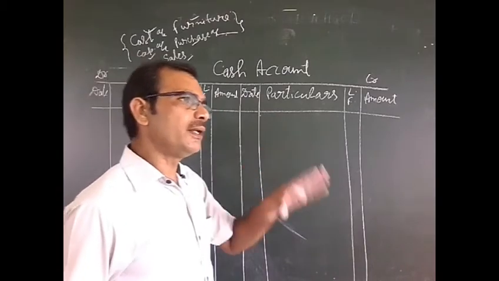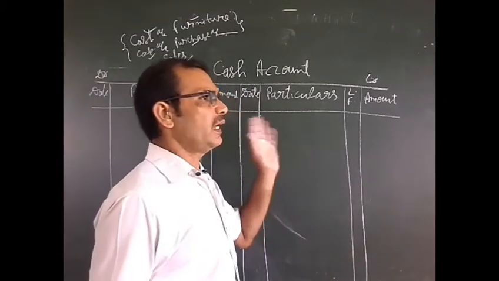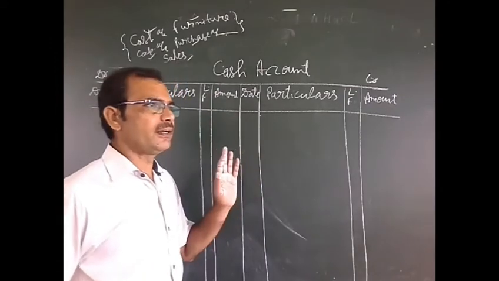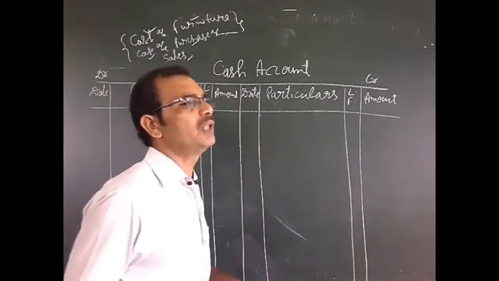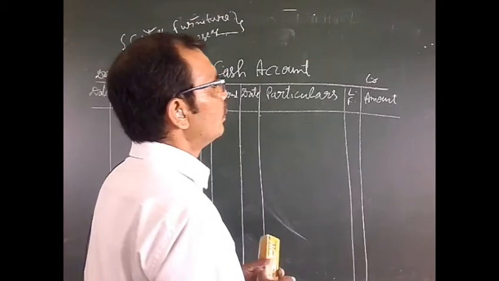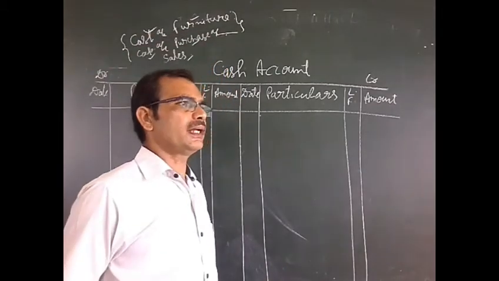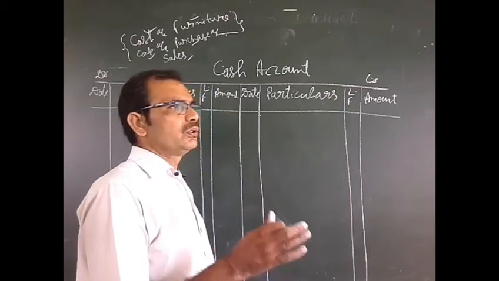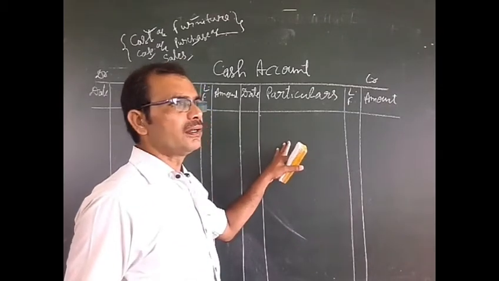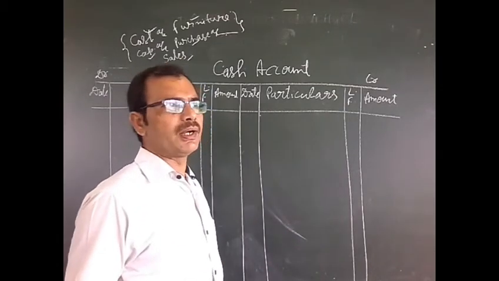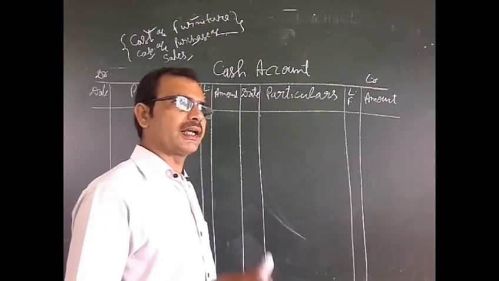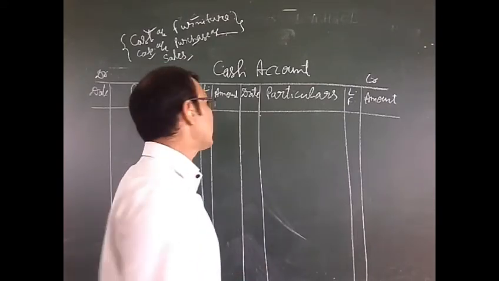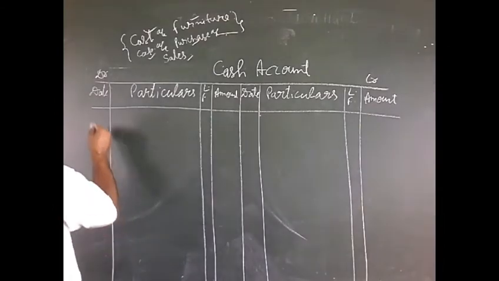If the entry is given in debit, it will transfer into the credit. As we know, the first entry is cash account debit to capital account. Cash account will not be written here, so we will write capital account, and capital account is written on the credit side of the journal entry, so we will write it here on the debit side.